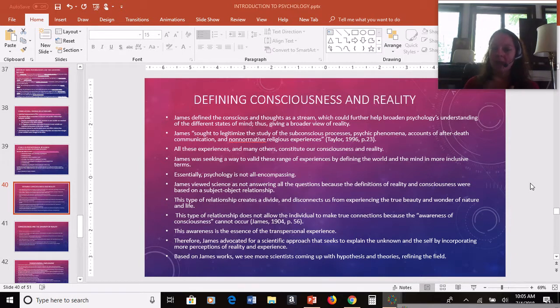So it's important that we know all these different states of mind, because they're all very influential in how we engage each other and how we behave.